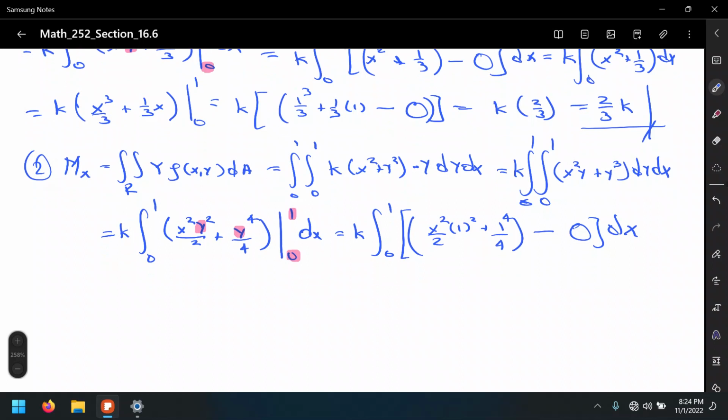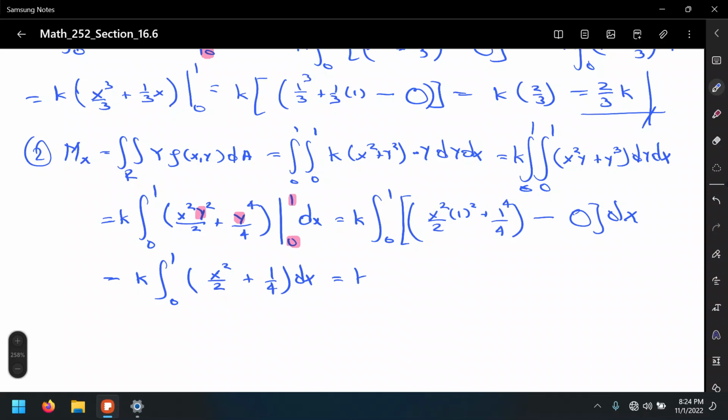Let's do some cleanup here. That's k times the integral from 0 to 1 of x squared over 2 plus 1/4. Integrating with respect to x, that's k times x cubed over 3 times 2 in the denominator, which makes it 6, plus 1/4 x, evaluated from 0 to 1.